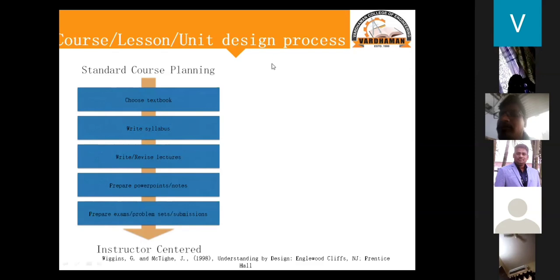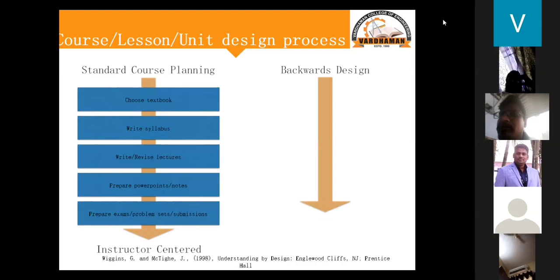So today I'm going to concentrate on a new design approach, which we call backward design. This is the approach we are required to follow when we say that we are offering an outcome-based education curriculum.